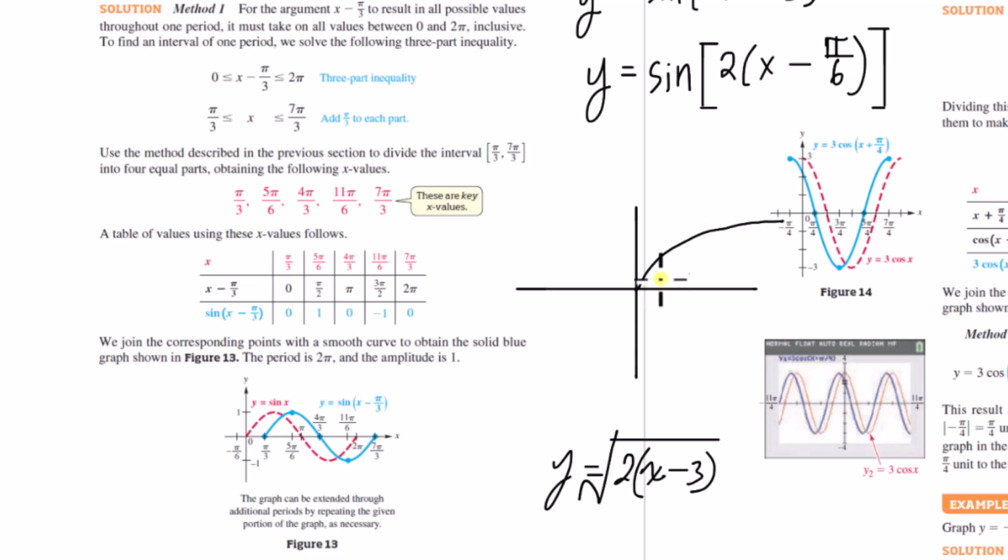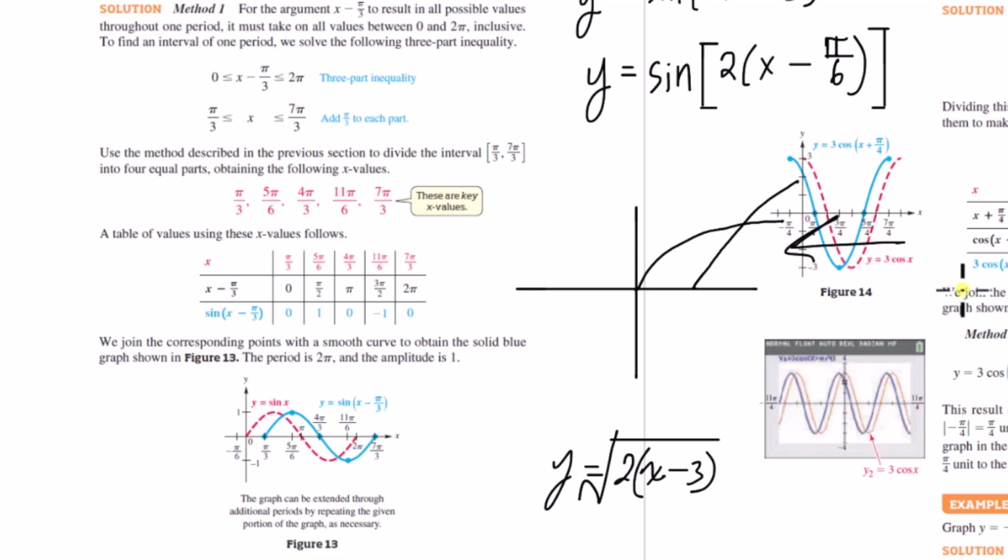What that means is you've shifted this to the right 3 units, okay? And then, without moving the origin point, you scaled it down too. So it would seem like you scaled it up about the y-axis, when in reality you've really just shrunk it in.